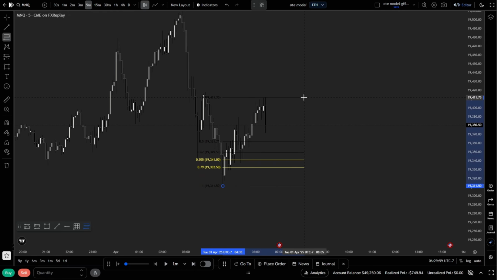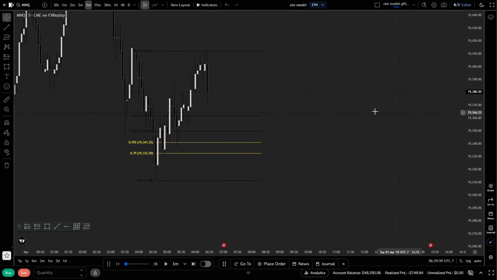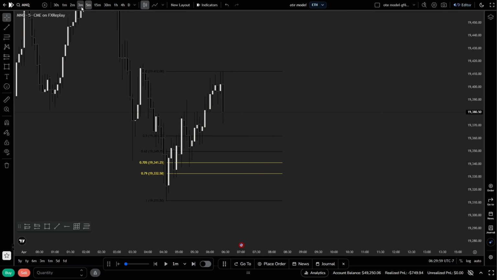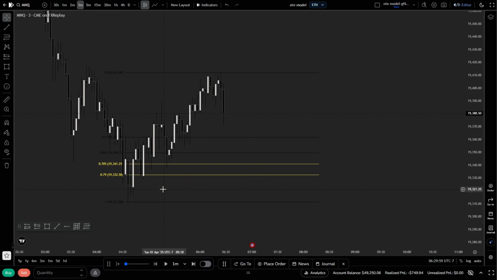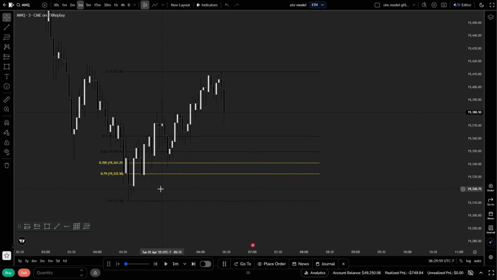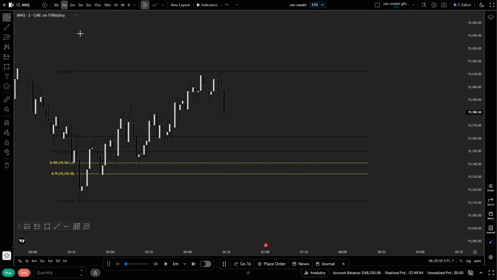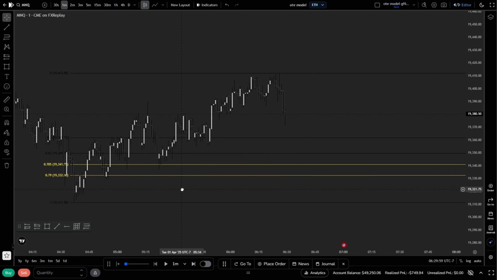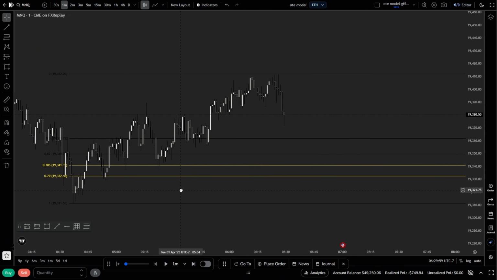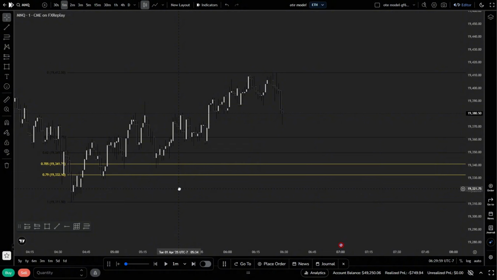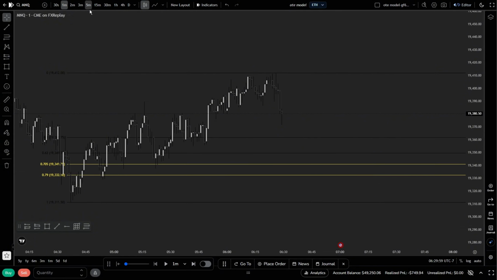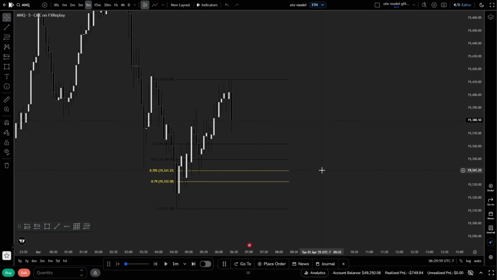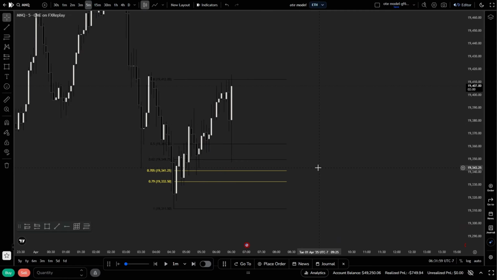Swing high, swing low. Anything match up right here? On the 3 minutes, do I see anything? 1 minute, anything? Yeah. But realistically, I don't see anything line up.